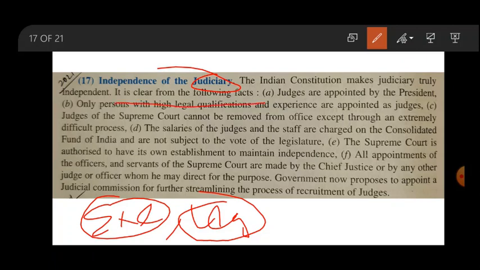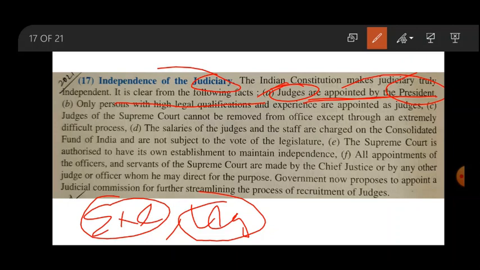Let us see. Number one, judges are appointed by the president. It's not that judges are just appointed. There is a system, there are procedures, and the president, since he is the first citizen of the country and the primary executive, has the right to appoint a judge.